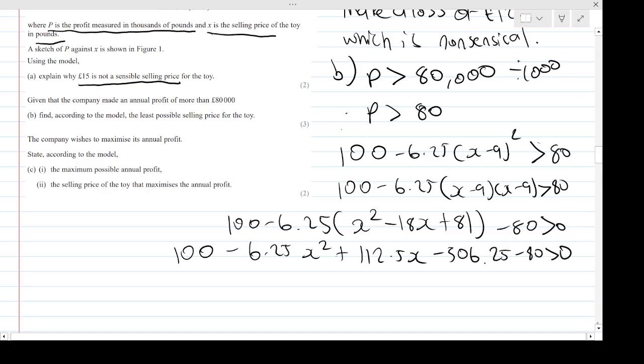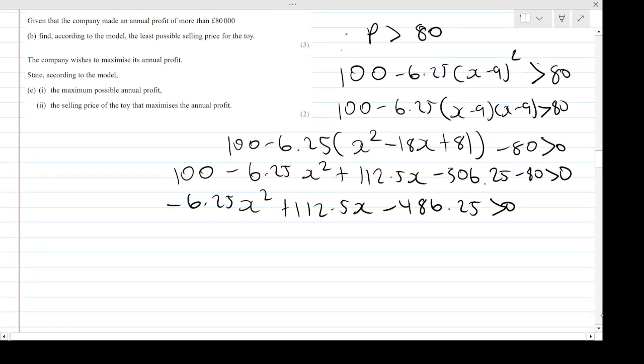I can then collect all the like terms to get a quadratic. So I get minus 6.25 x squared plus 112.5x. Then I'm going to get all the numbers together. So 100 take away 506.25, take away 80. I get minus 486.25 greater than 0.